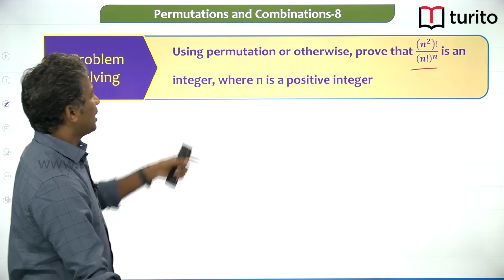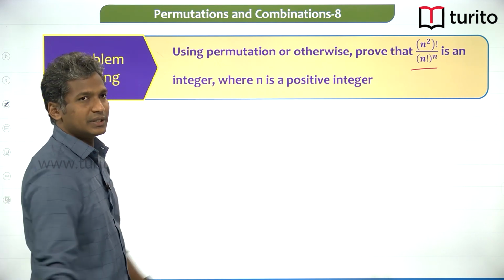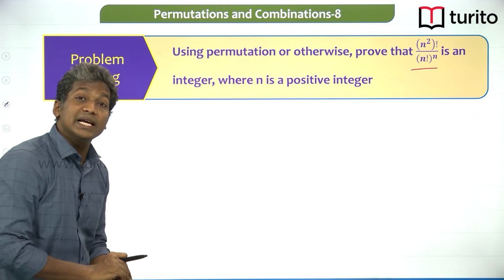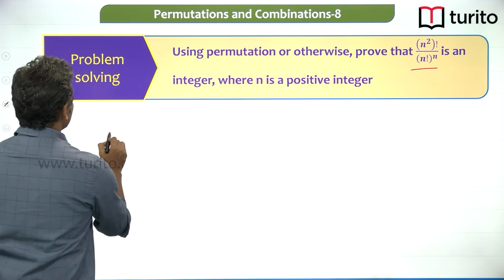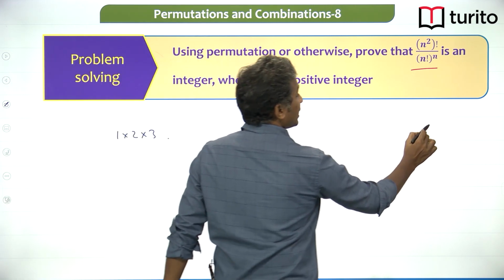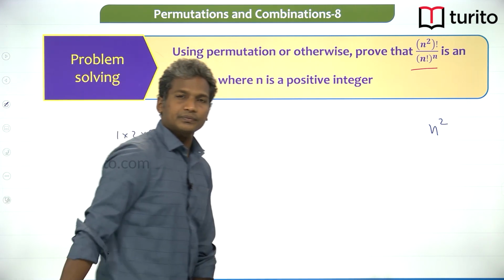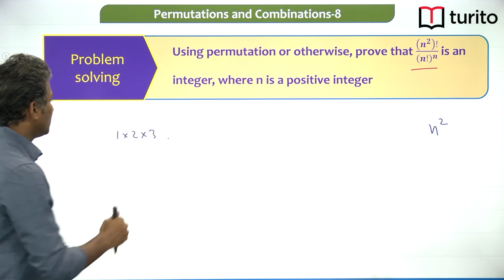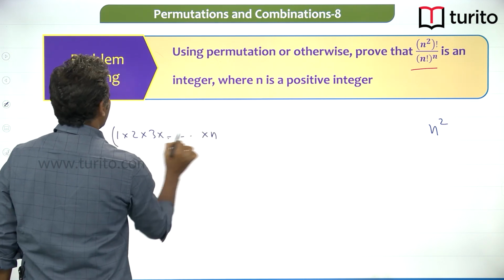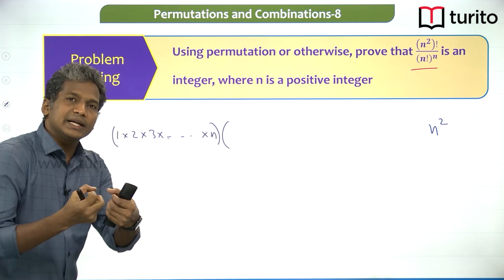Now here we can also apply the same logic. How many numbers are there in the numerator? There are total n square numbers, right? So starting from 1, there are total n square numbers. Now let's take a segment of all these numbers starting from 1 till n. So I have collected them together.